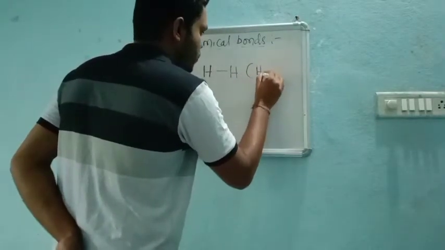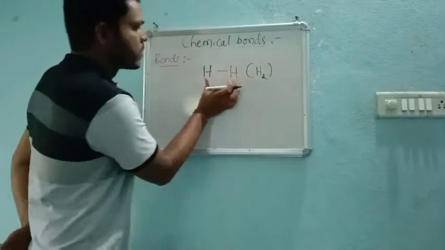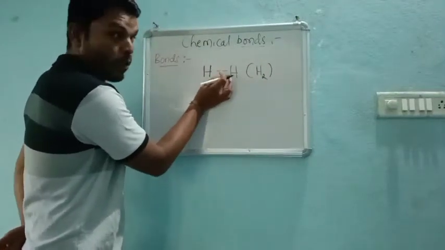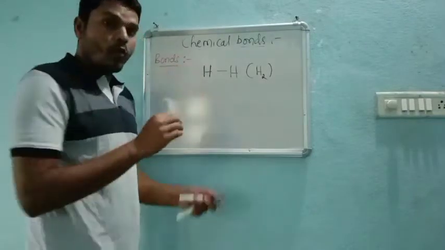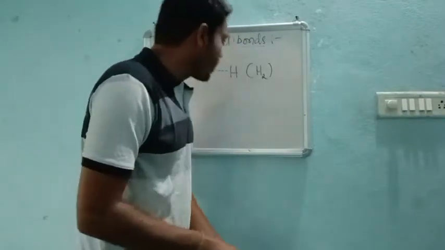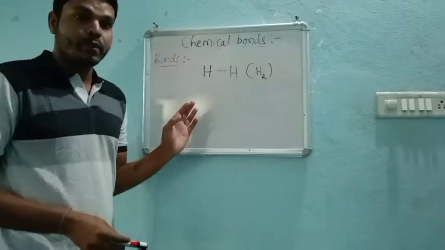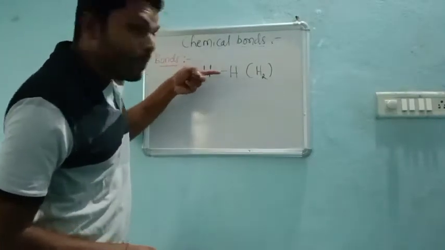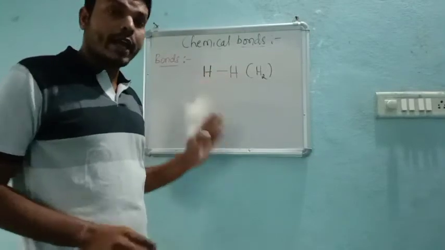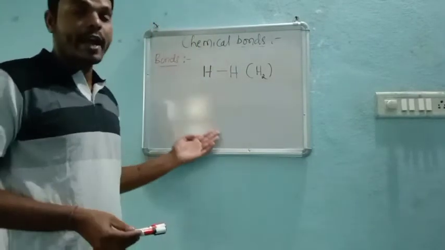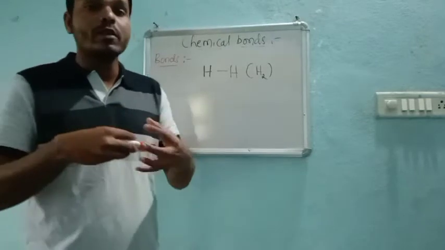Actually, this is H2. This is the open diagram with bond. So H2, that means bond. What is bond? In general, bond is nothing but it might be present in between any atom like hydrogen or any ion or any element, and that holds together.